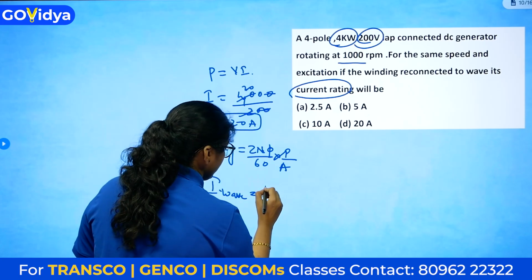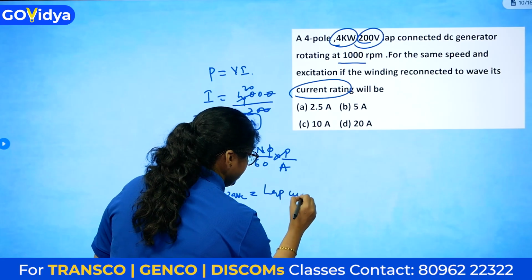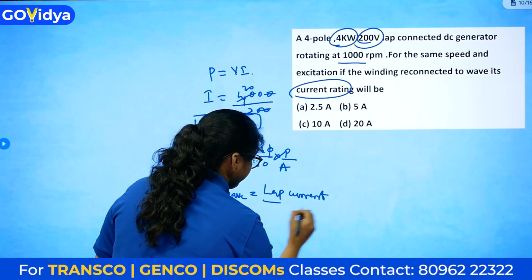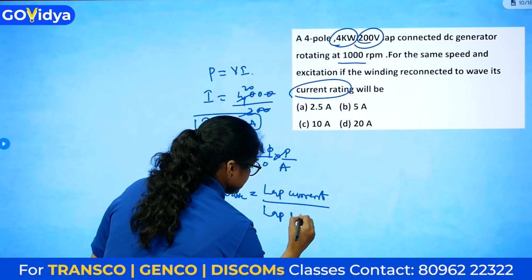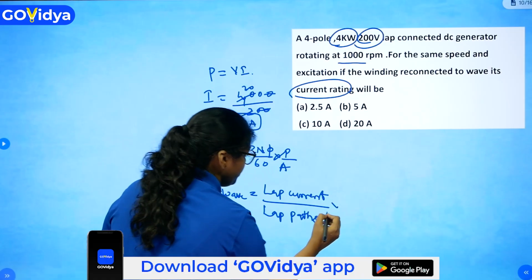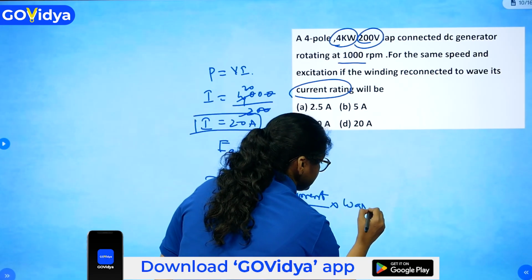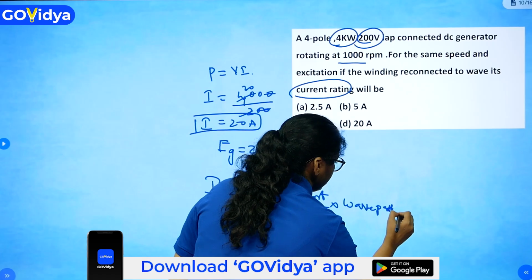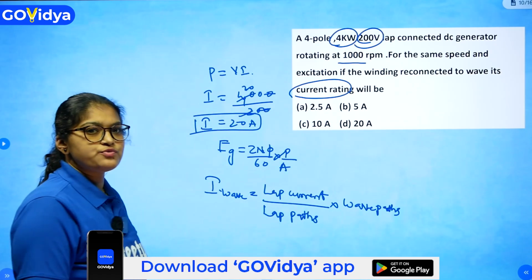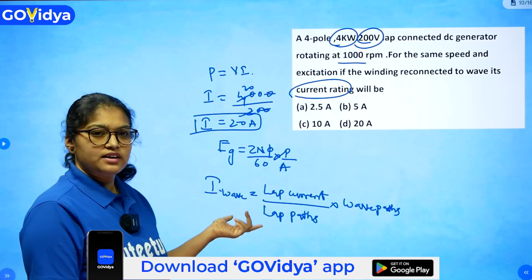So I wave is equal to lap current by lap paths into wave paths. This is one formula we can use for finding the wave current directly.